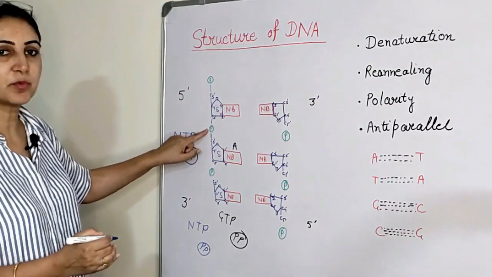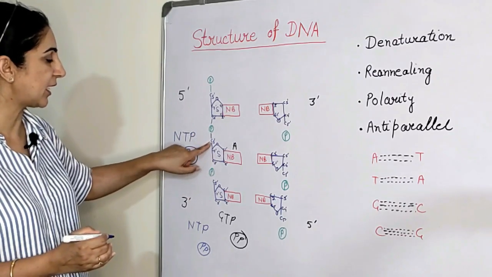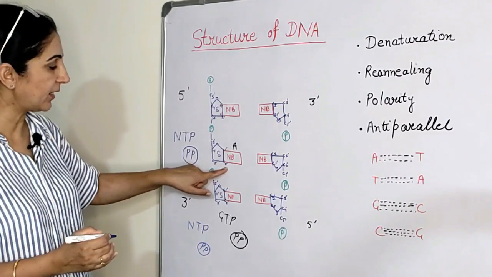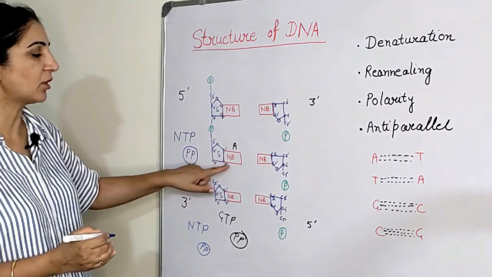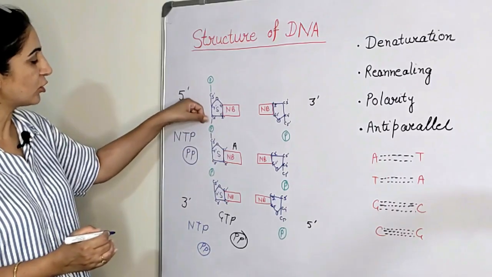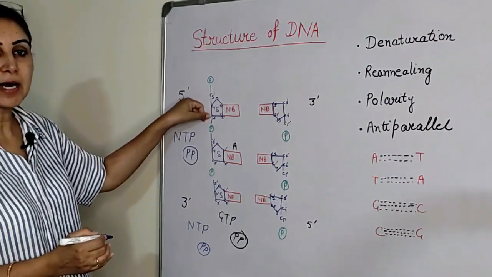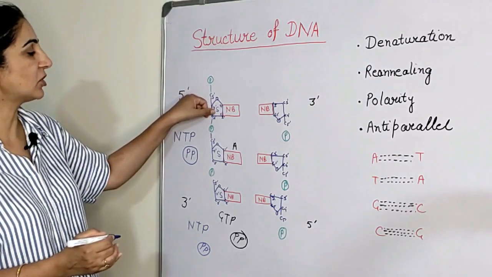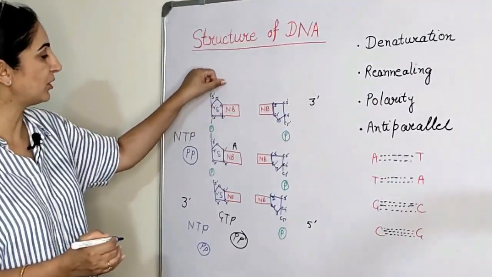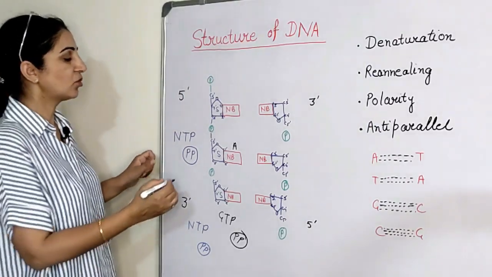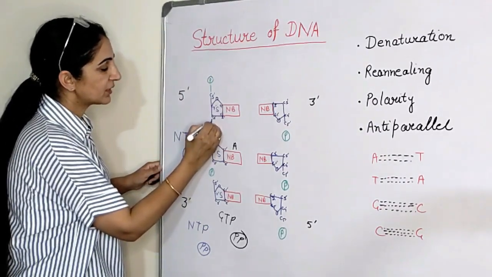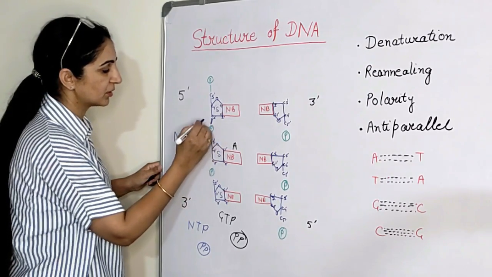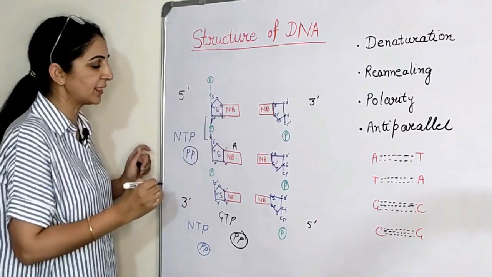The phosphate group, which is already attached to the carbon number 5' of the deoxyribose sugar of the new nucleotide, also forms a bond with the carbon number 3 of the deoxyribose subunit of the pre-existing nucleotide. So ultimately we say that this phosphodiester bond is formed. This bond is the phosphodiester bond.